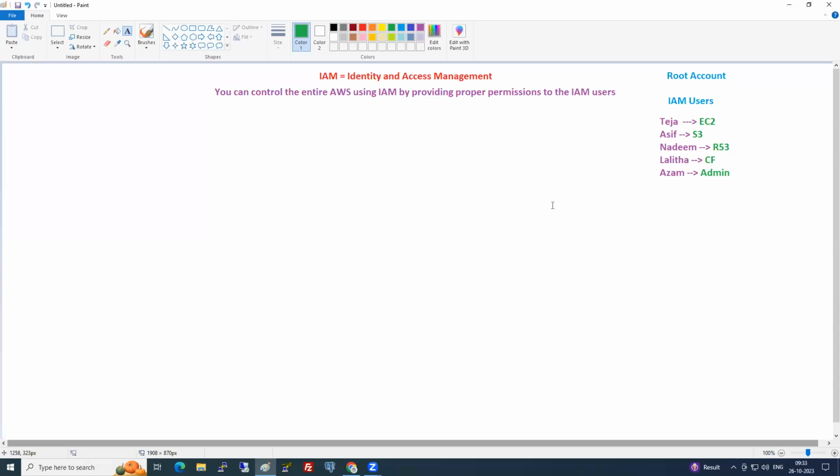We have Teja, Asif, Nadim, Lalita, Azam. Out of all these five people, who has permissions to create buckets? Think and answer. The first thing that you get in your mind will be the wrong answer.